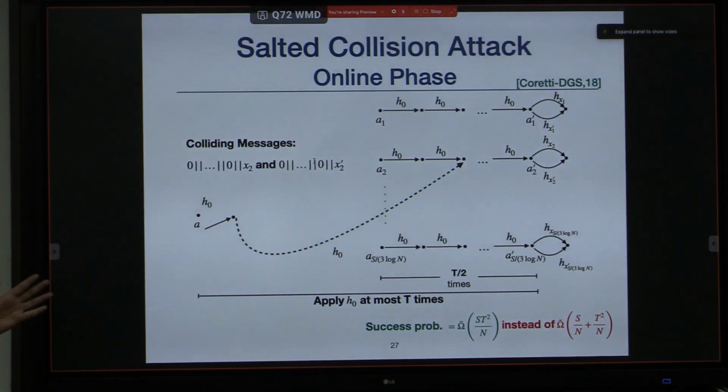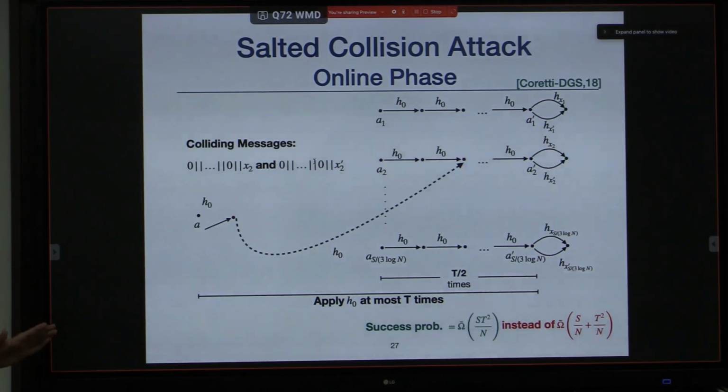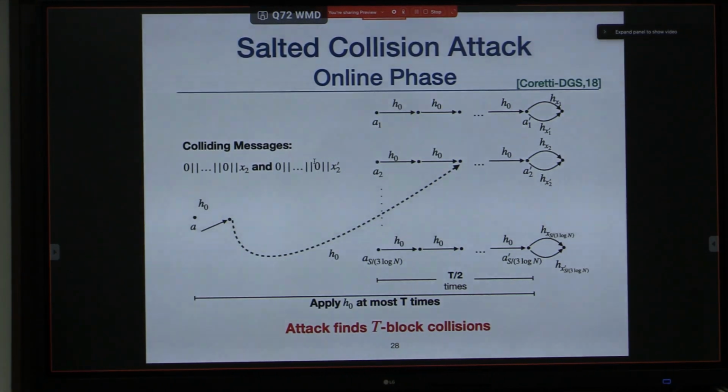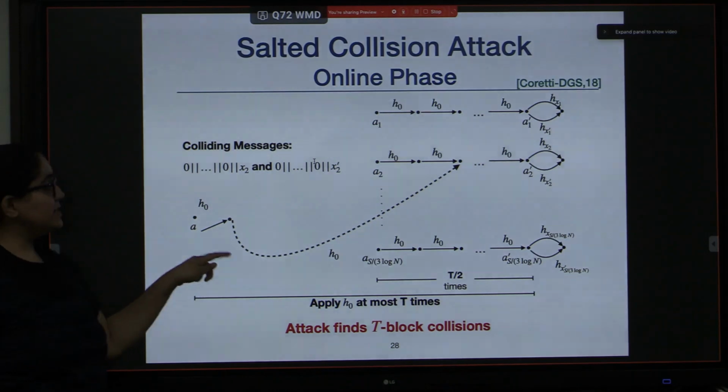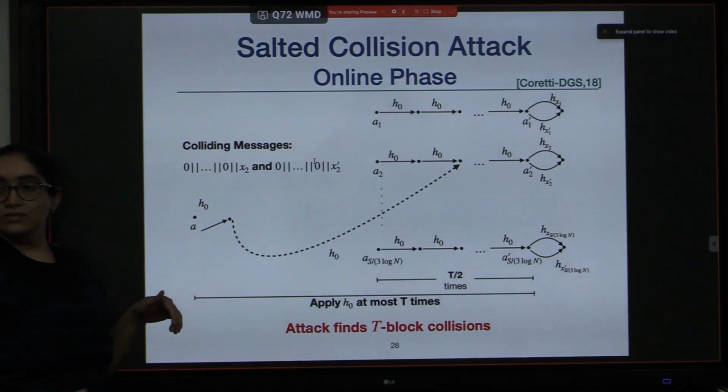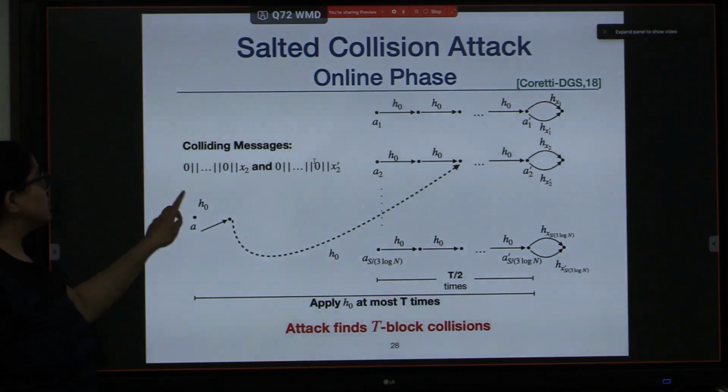So definitely this shows that Merkle-Damgård is not good enough to be used because it's not achieving the optimal security. But there's one thing to notice here. The attack is finding collisions that are order of T blocks long, right? Because what were your collisions here?